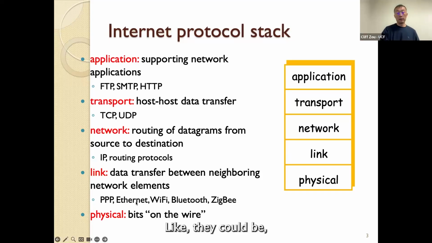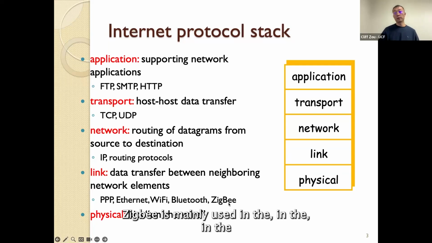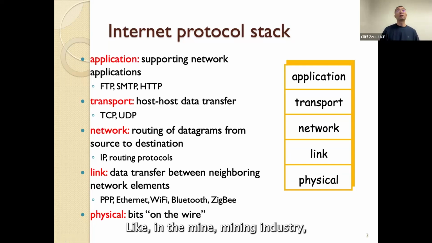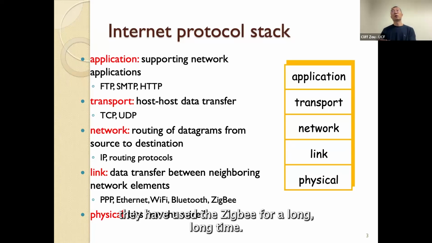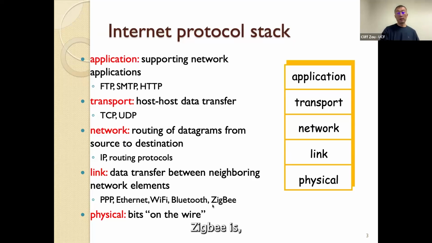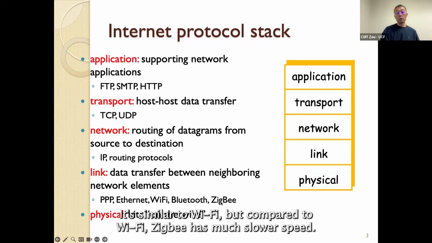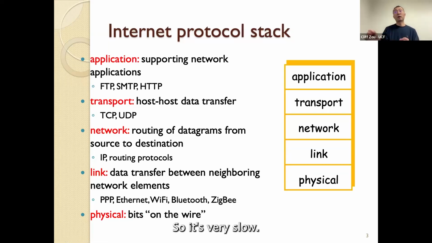Like Zigbee. Zigbee is mainly used in the industry, like in the mine industry. They have used Zigbee for a long time. Compared to Wi-Fi, it's similar to Wi-Fi, but Zigbee has much slower speed, so it's very slow.